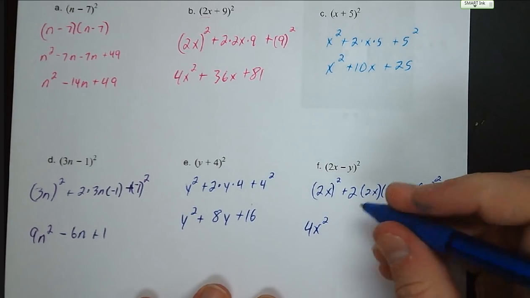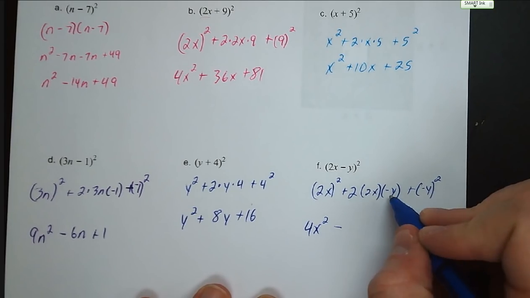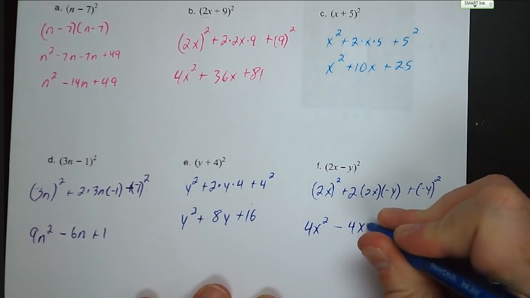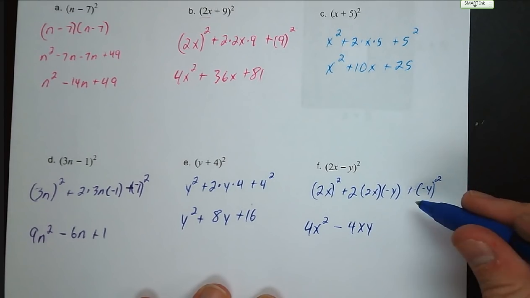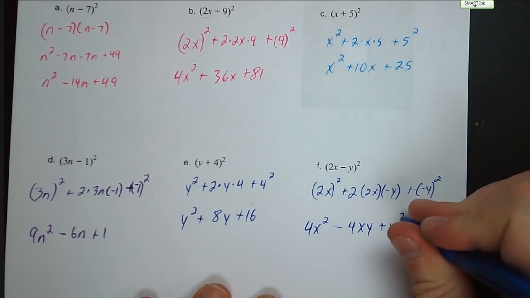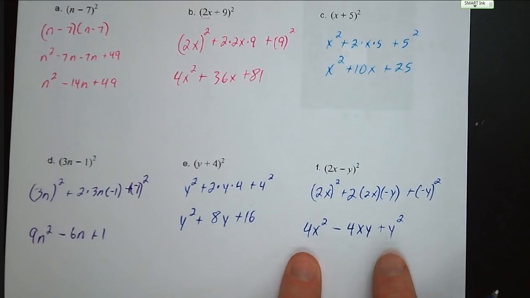Minus 2 times 2 is 4, so minus 4xy. Negative y times negative y is plus y squared. Okay, your first term and your last term are always going to be positive.